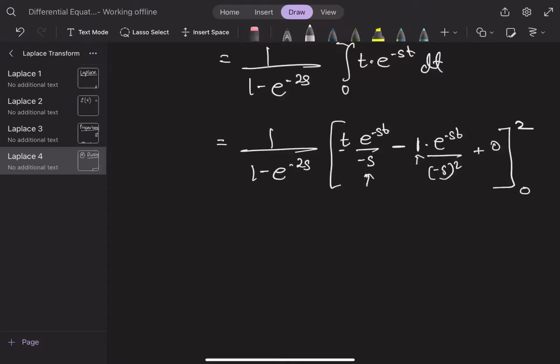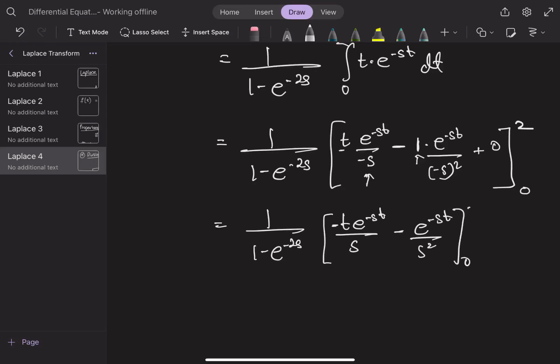So let's write this down. 1 upon 1 minus e raised to minus 2s, times [minus t e raised to minus st upon s minus e raised to minus st upon s square] from 0 to 2.